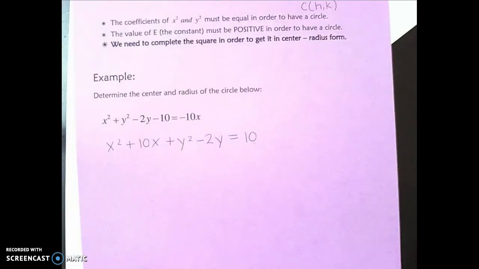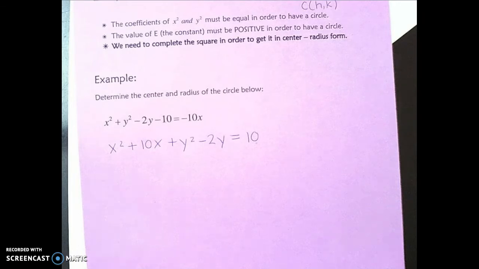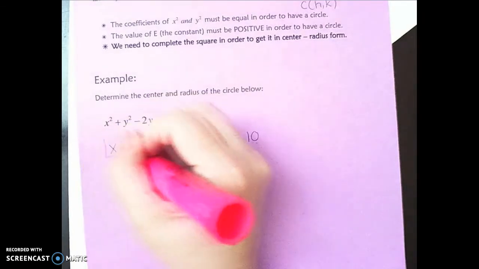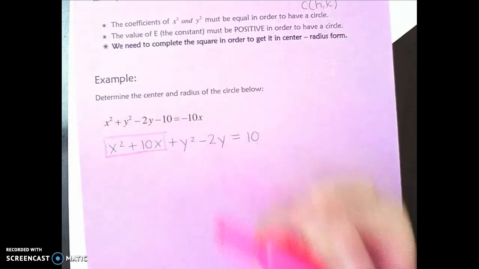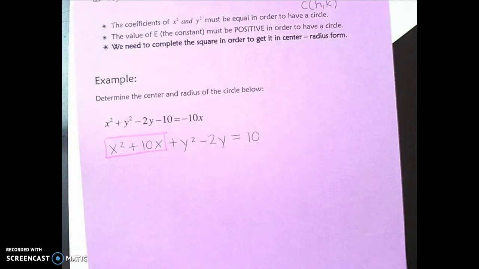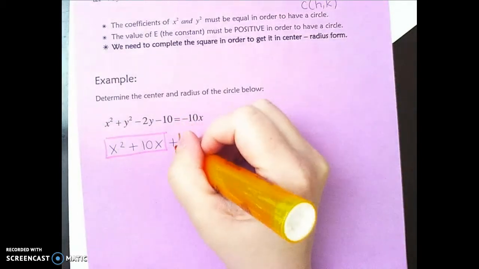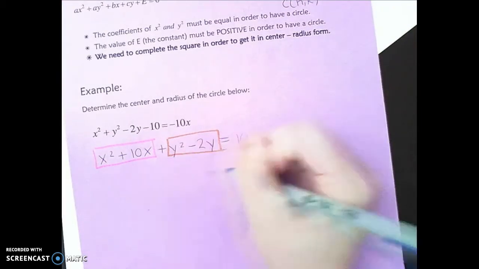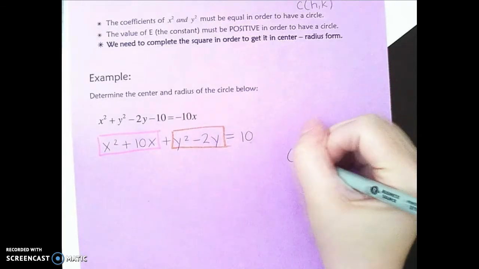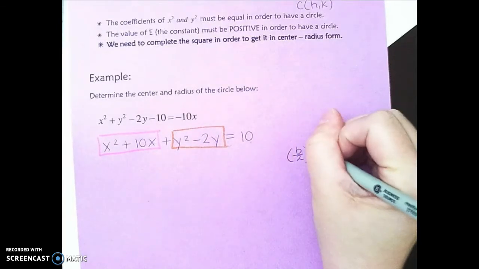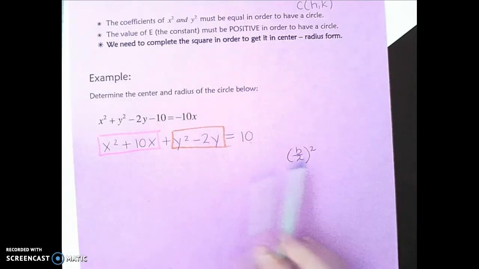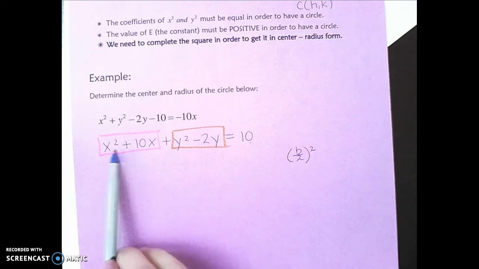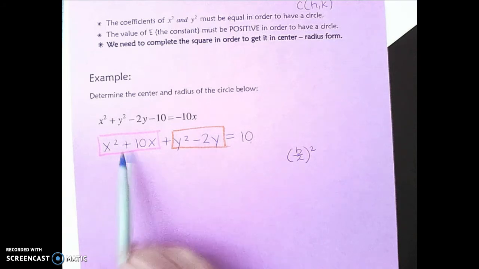At this point, I have to understand that I'm completing the square twice: once for my x's, and once for my y's. In order to complete the square, I need to do b divided by 2, quantity squared. For x, my b term is a positive 10.